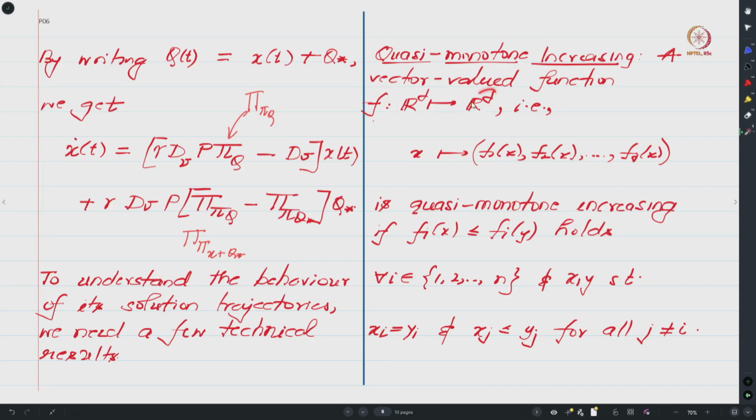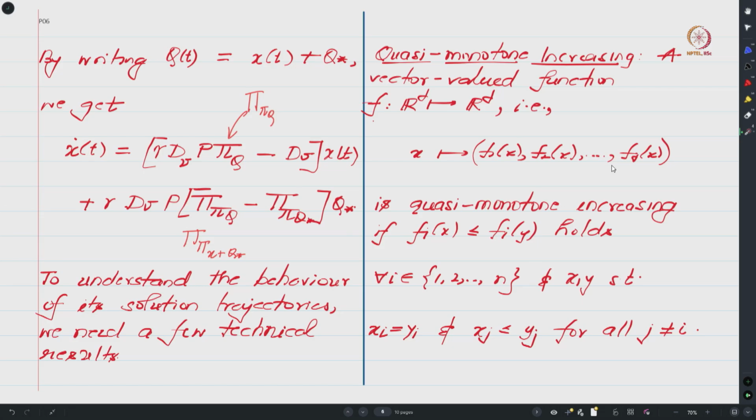So you take x, which is in d dimensions, and spit out d real numbers, and let us denote the first output as f1 of x, the second coordinate as f2 of x, and similarly the dth coordinate as fd of x.